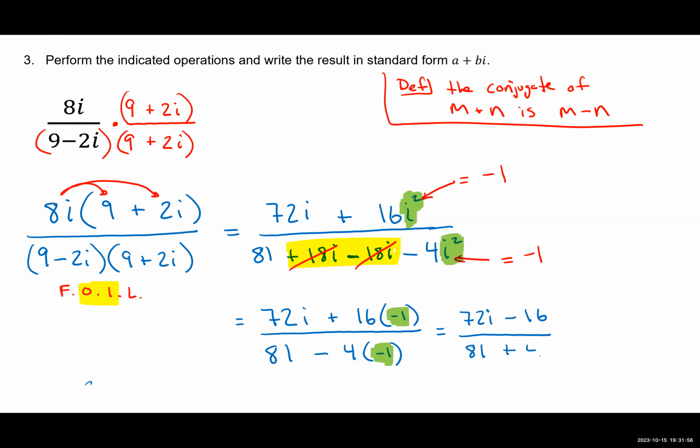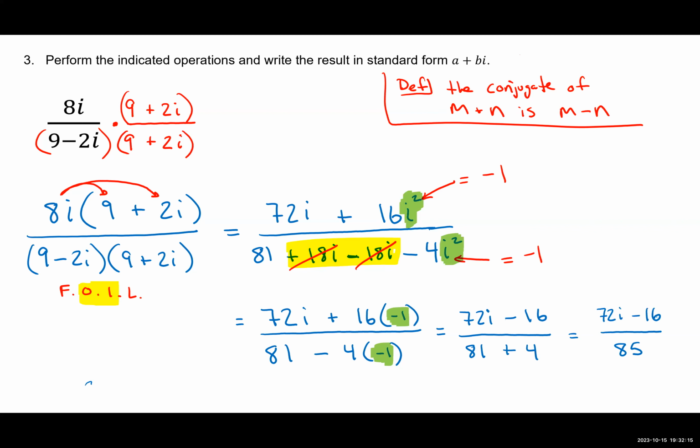So that's plus 4. 81 plus 4 is 85. And on top, we've got 72i minus 16.